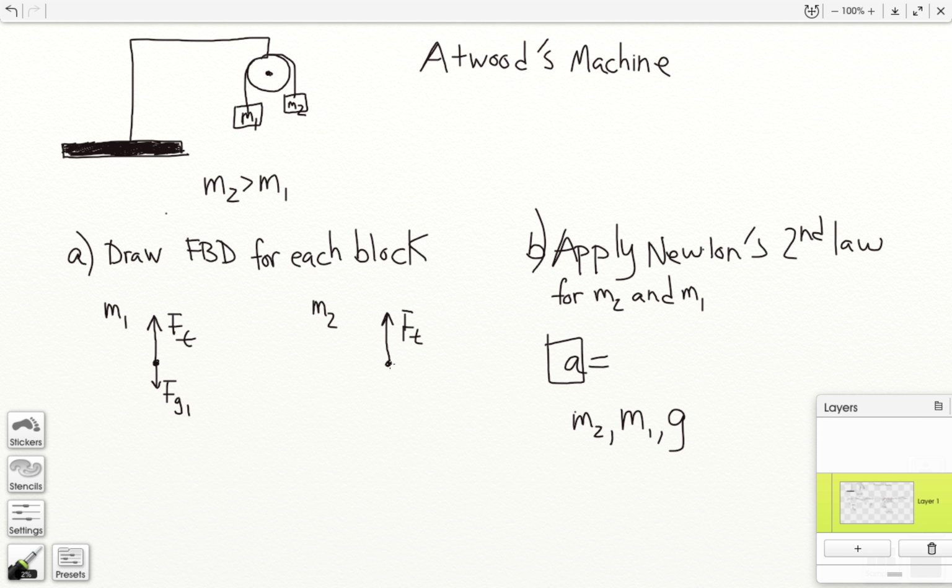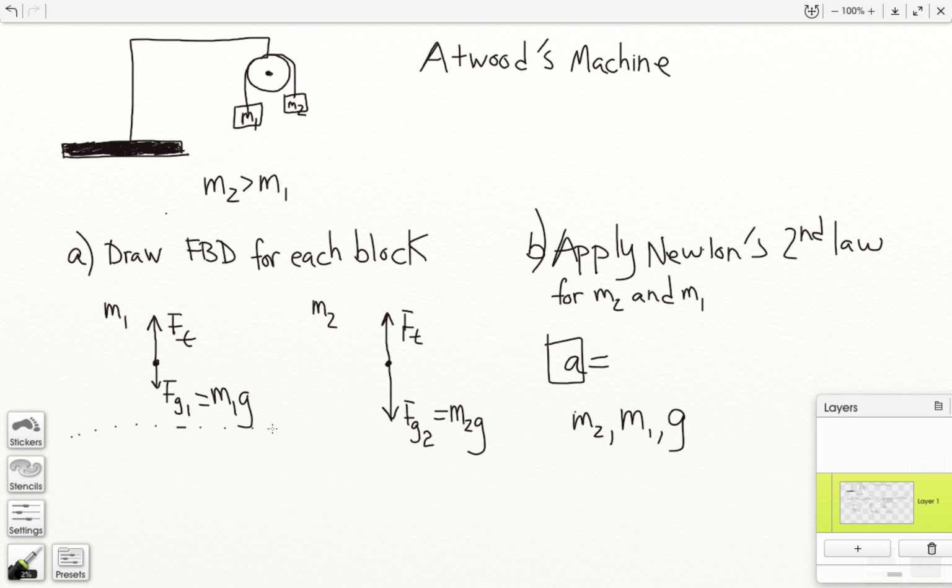Here, mass 2 is greater than mass 1, so mass 1 is going upward and mass 2 will be coming down. So the force of gravity for mass 2 is greater than the tension force. Fg1 is equal to M1g, and for mass 2, Fg2 is equal to M2g.